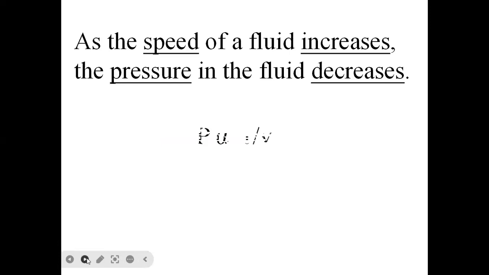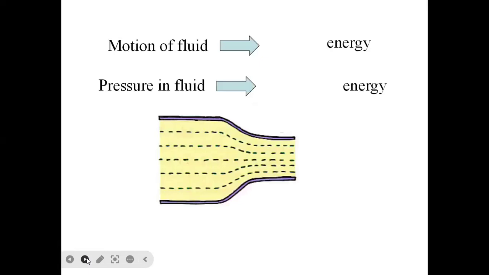So pressure is proportional to 1 by v. If the speed increases, pressure will decrease. So motion of fluid is actually due to energy, and pressure in fluid, also due to motion of fluid, will be kinetic energy, and pressure of fluid will be potential energy.